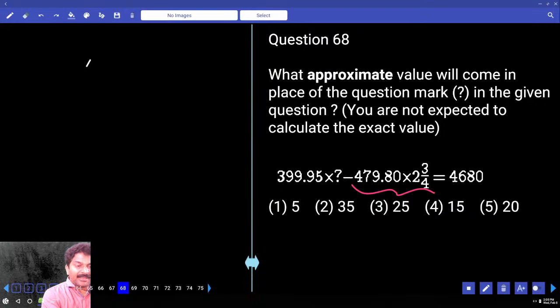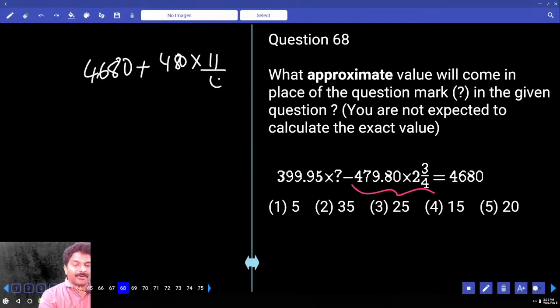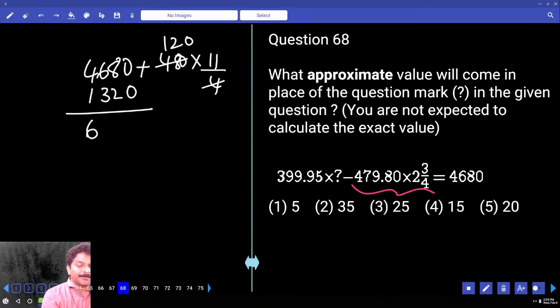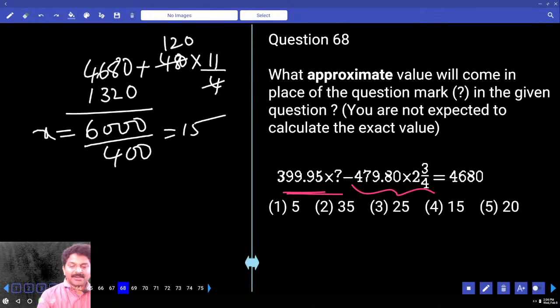Already on the right hand side we have 4680 plus 480 into 11 by 4. 4 120 times. 11 into 12 132 and then 0. Total 6000 is equal to 400 into x. X is equal to divided by 400. Answer 15.